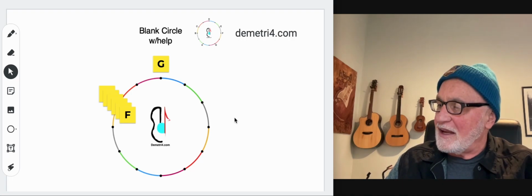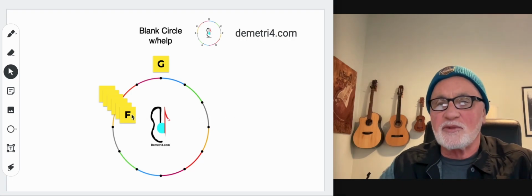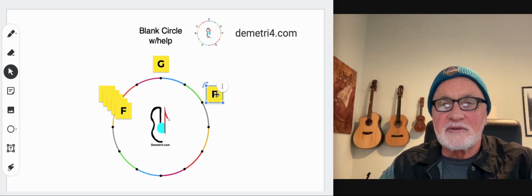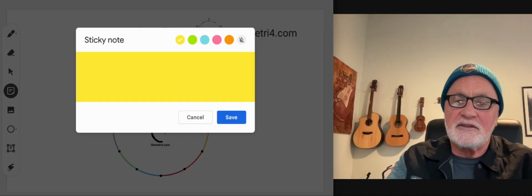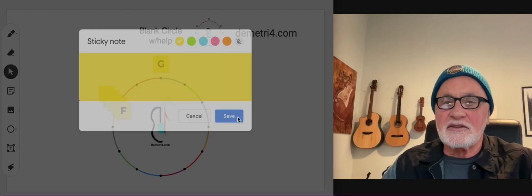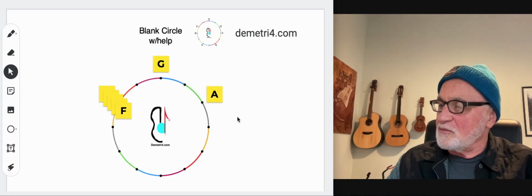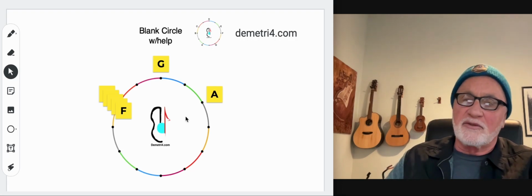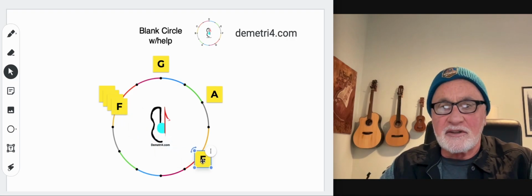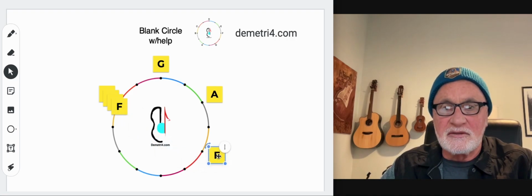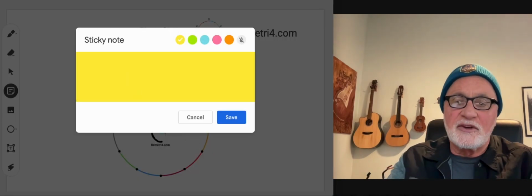We will place A at 2 o'clock and 1 o'clock is blank. The interval between A and B is a whole step. We will place B at 4 o'clock and 3 o'clock is blank. So I can already see problems here, but we'll fix it.